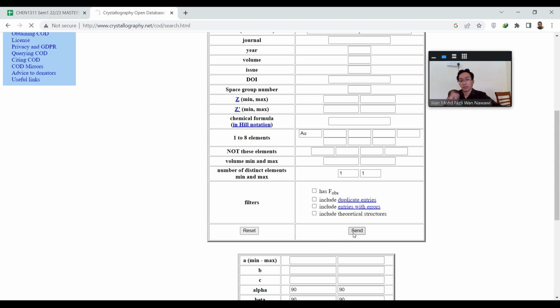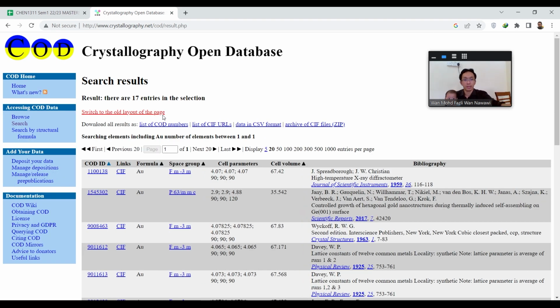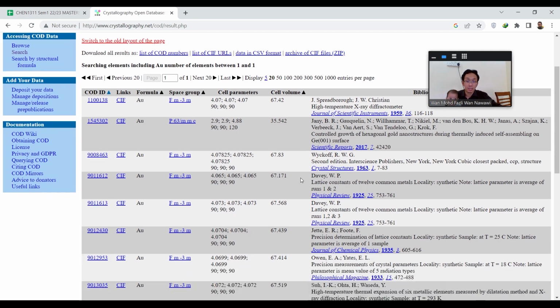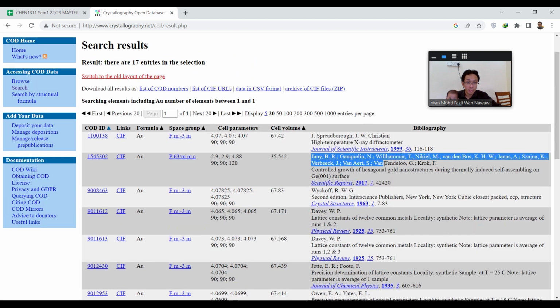If you look at the search result, wait for it, let it find first. Okay, if you look at the result here, you can see the crystallographic information file is coming from research. For example, this is the name of the author for this research.